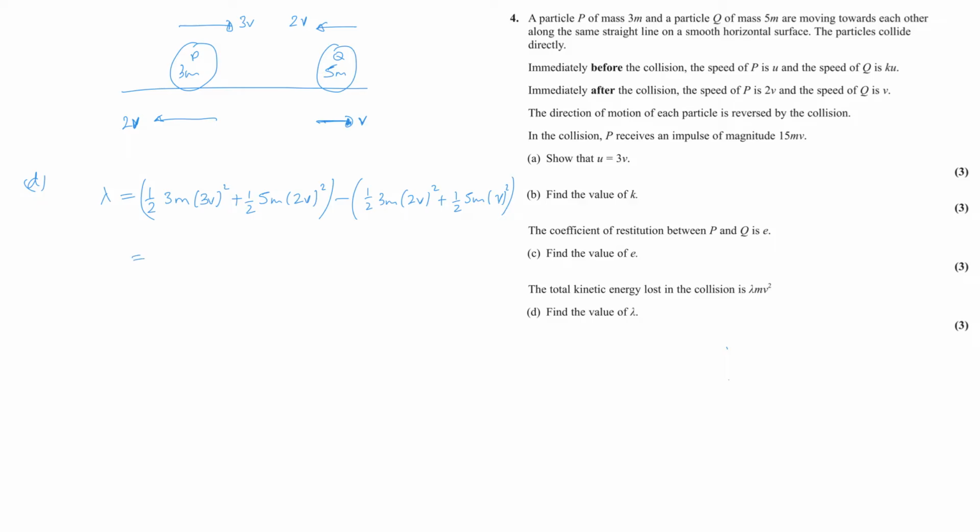So that is 27 over 2 v squared plus 2 squared is 4 times 5 is 20, half, 10v squared, minus 2v squared is 4 times 3 is 12, divided by 2 is 6v squared, and then we've just got plus 5 over 2 v squared there, and that totals 15v squared.